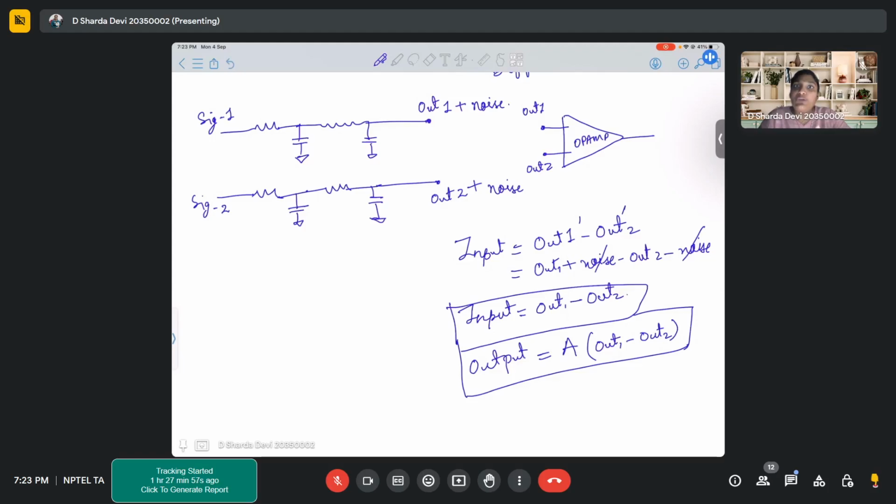When I say equal noises, that means considering that they are same frequencies and the amplitudes are also same. So that's when they will cancel each other perfectly. But the moment the frequencies are different, that means they are two different signals. Although the amplitudes might be same, two different frequencies means two different signals. So then they are not same. They need to be tackled in two different ways.